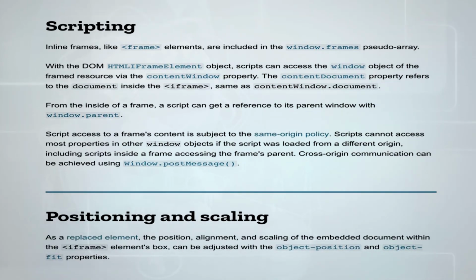As a replaced element, the position, alignment and scaling of the embedded document within the iframe's element box can be adjusted with the object-position and object-fit properties. So there are many ways to do the scripting, as well as to decide on an option of a scroll bar and other things.